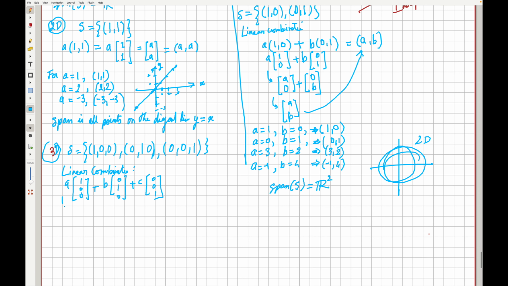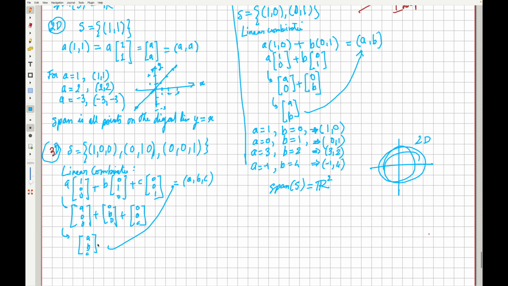That essentially is a 0 0 plus 0 b 0 plus 0 0 c, and that is a b c, which is essentially a comma b comma c.